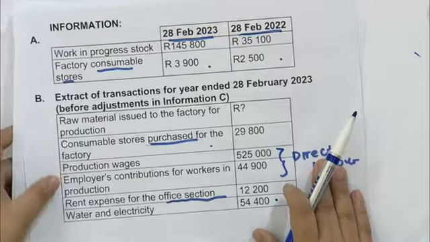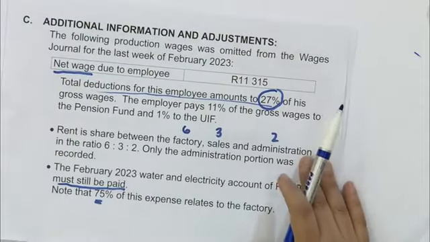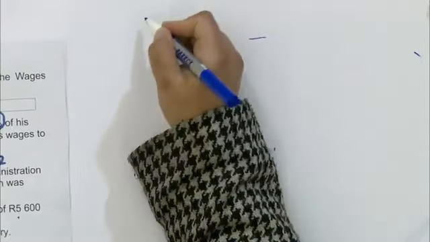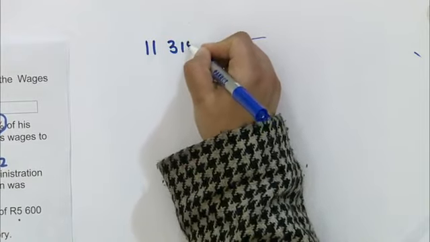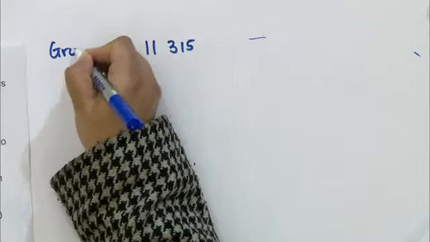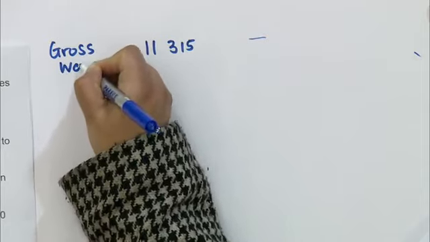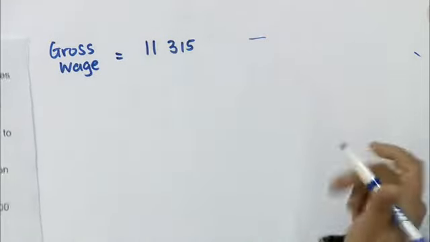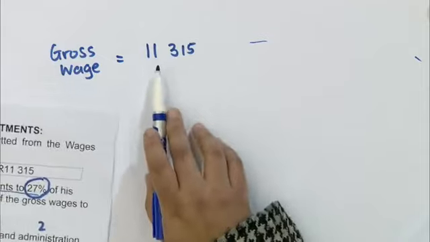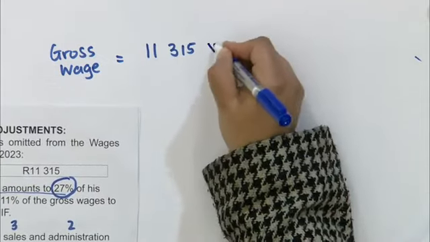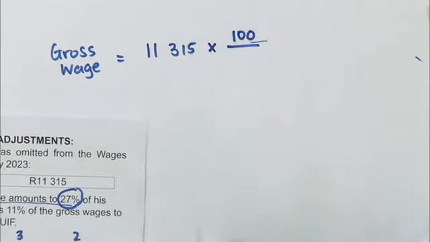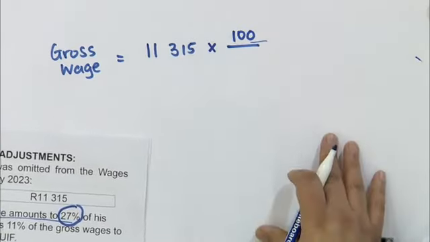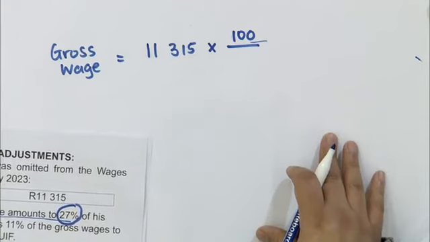Right, so how are we going to do that? Remember grade 12s? It's what you want over what you have. So we have 11,315. And once again, what are we trying to determine? We're trying to determine gross wage without any deductions. So it's 11,315 times what we want. We want 100%, meaning the amount before deductions, over what we have.